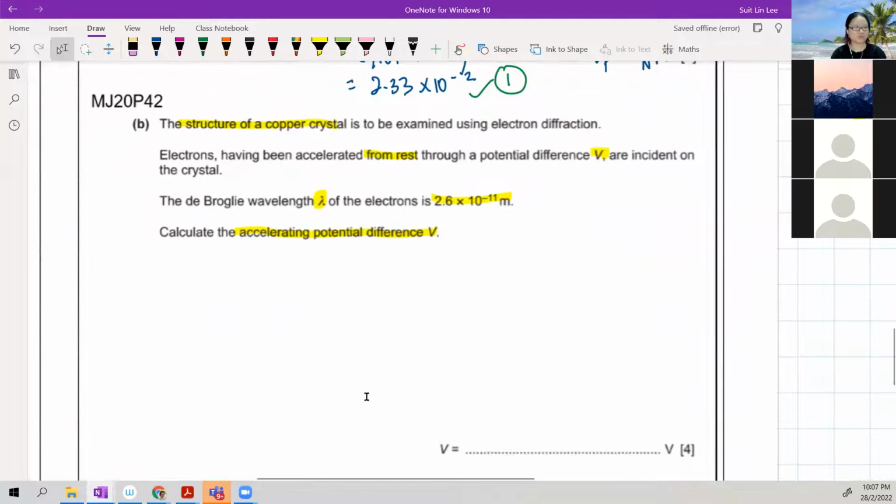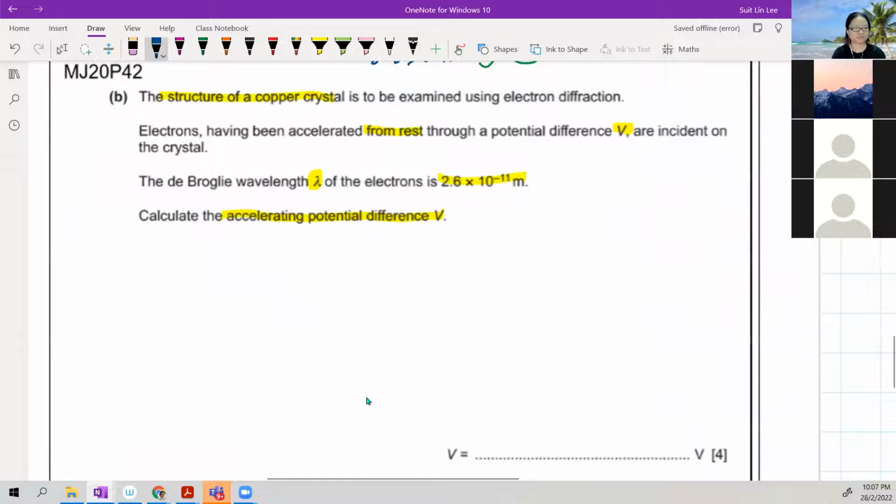Okay, so we need to start with, let's say you start with your de Broglie wavelength, because that one is what you have. And p is equal to h over lambda. You can find the momentum of the electron. Okay, you can look for it one by one, but I know that eventually I need to find the speed of the electron.